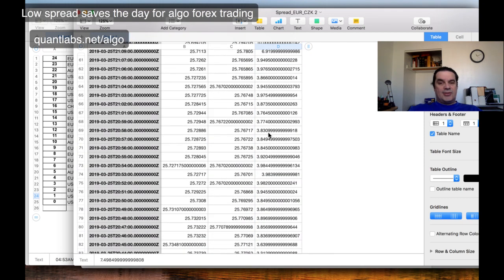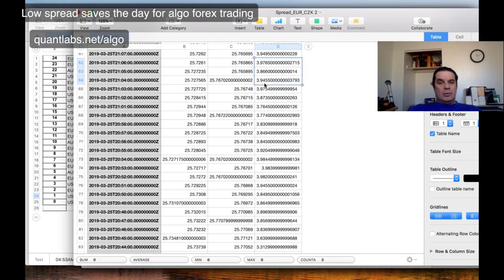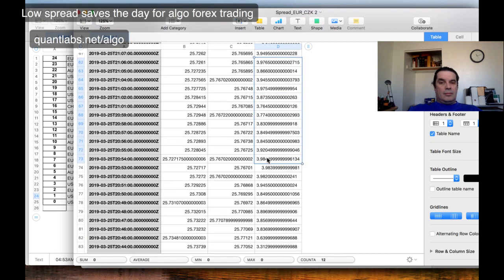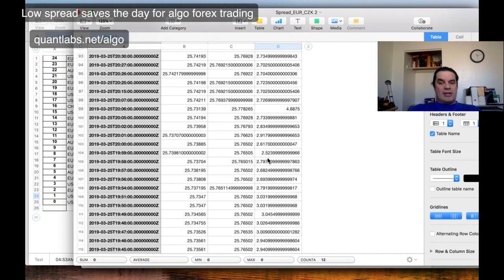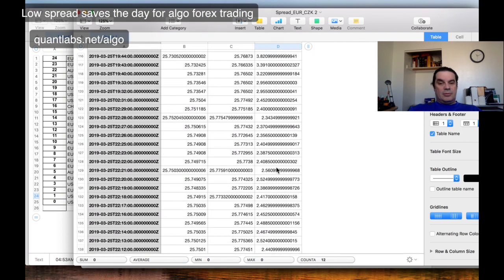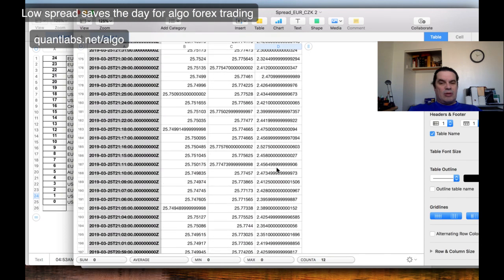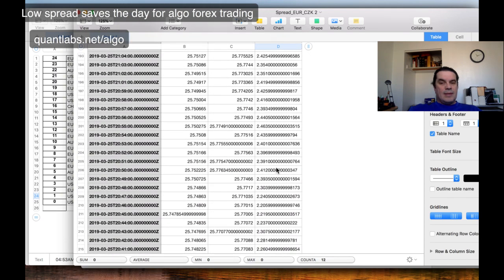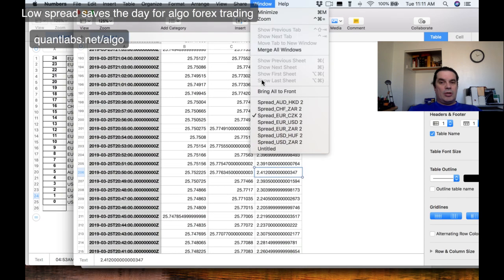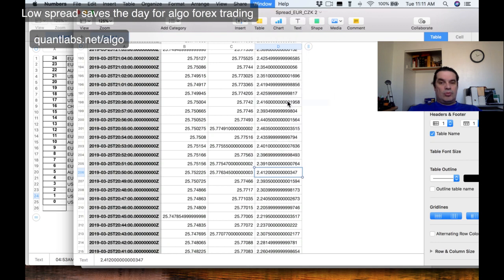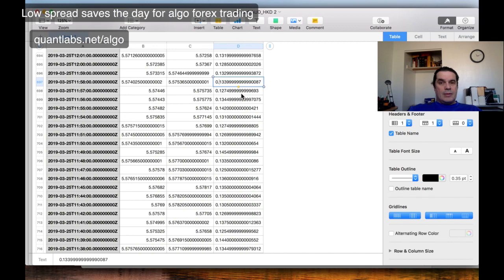But these spread costs are fairly manageable. These are the number of pips for the spread cost, which are manageable. So if you put on trades with these, theoretically, you should still be able to profit off of these pairs at this opportunity.